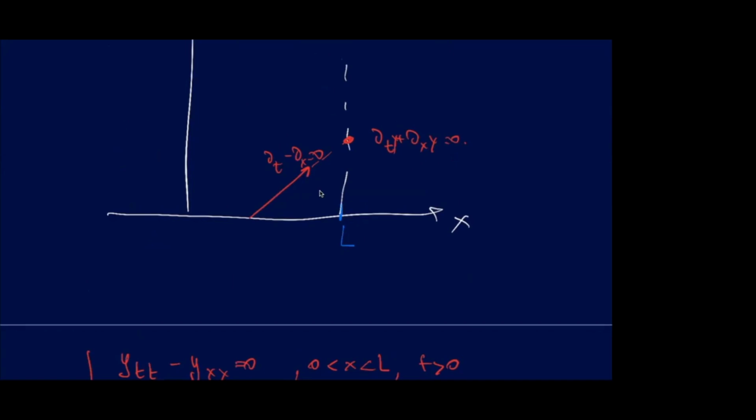And then, the fact that here inside the equation can be written as dt minus dx of dt plus dx is equal to 0. What does it mean?